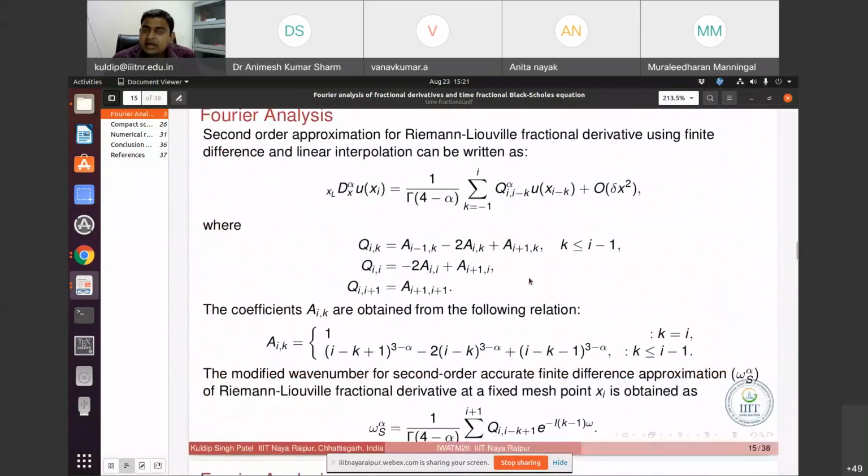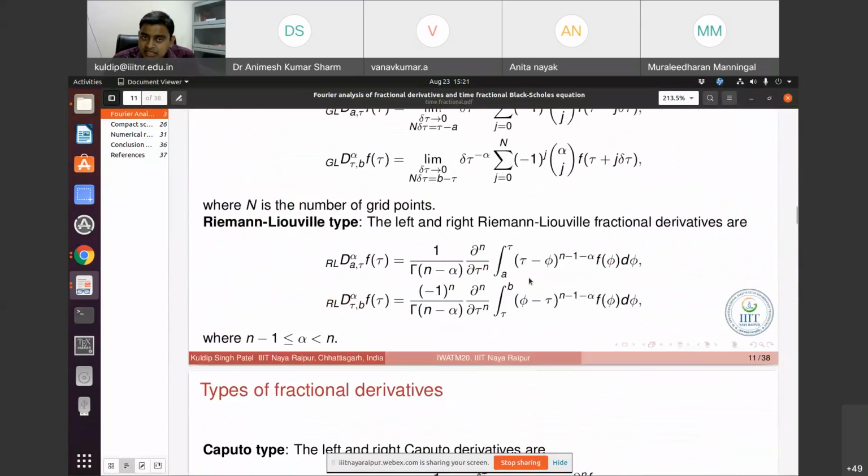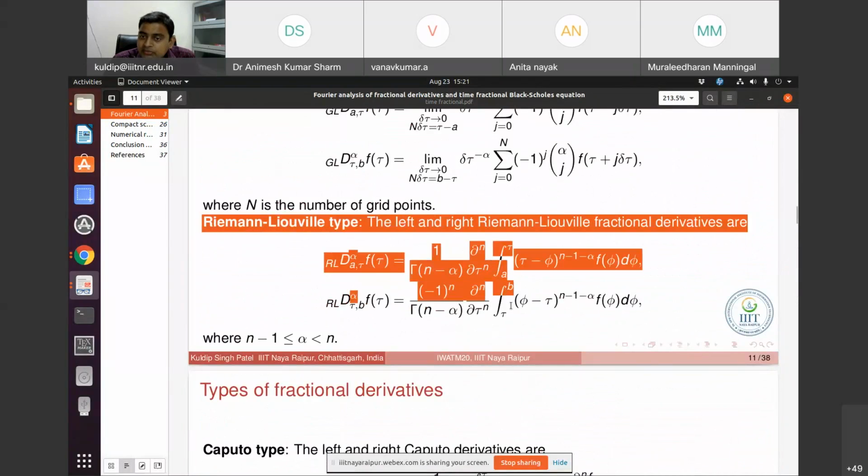What I'm going to discuss is the Riemann-Liouville derivative. We can approximate it in 4 ways, and I'll calculate the modified wave number in all 4 ways. I'll show that the compact scheme which I discussed yesterday and the day before is performing far better for all 4 approximations.